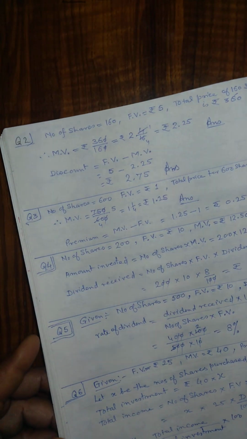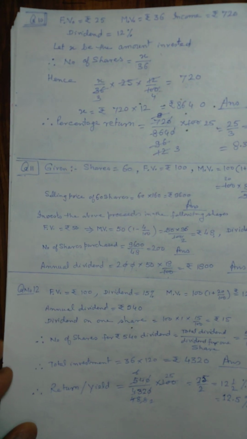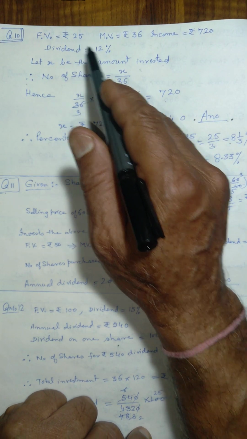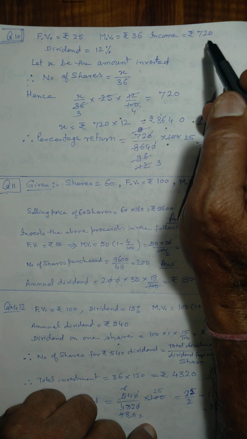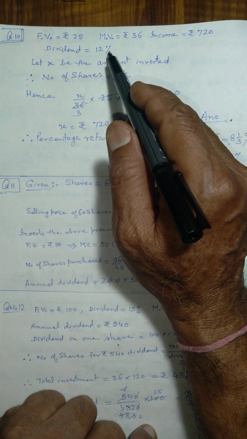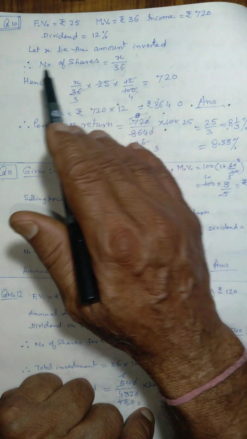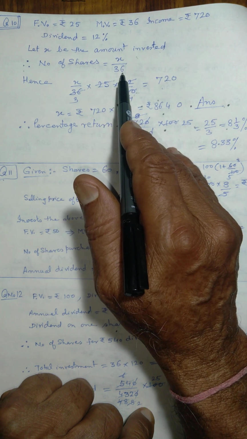Now proceed to question number 10. Here the face value is given, that is rupees 25. Market value is rupees 36, income is 720, dividend is equal to 12%. So let us assume that X be the amount invested. Therefore, the number of shares will be X divided by 36.